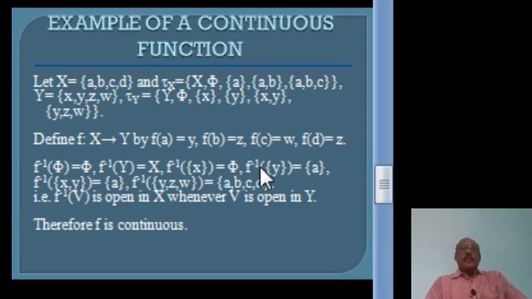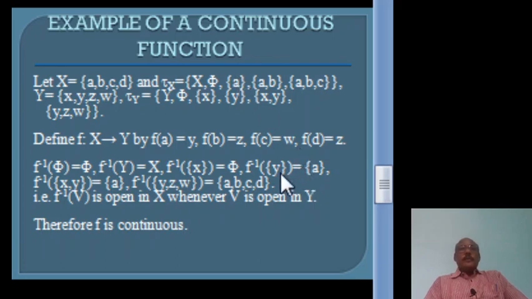Then the next open set is singleton Y. Let us find F inverse of singleton Y. That means the set of all points in X whose image is Y. Of course, the image of A is Y, so you can take A. Then image of B is Z, so don't take B. Image of C is W, so don't take C. Image of D is Z, so don't consider D. So F inverse of singleton Y is singleton A, and singleton A is open in the first topological space.